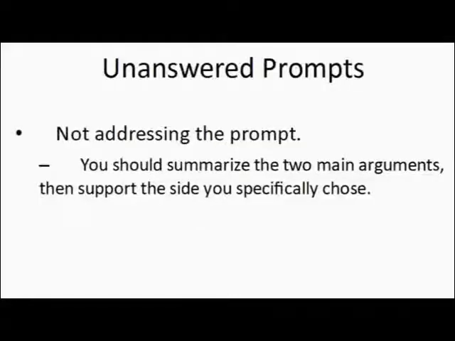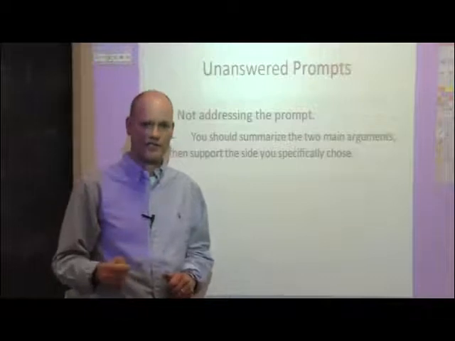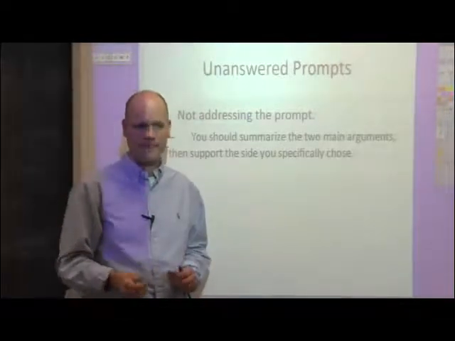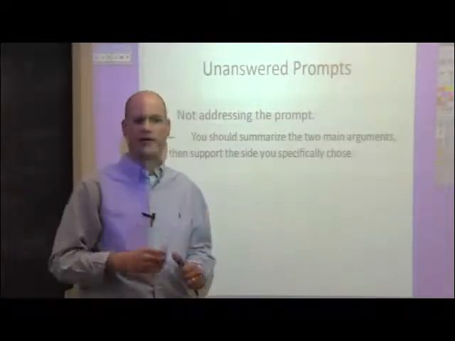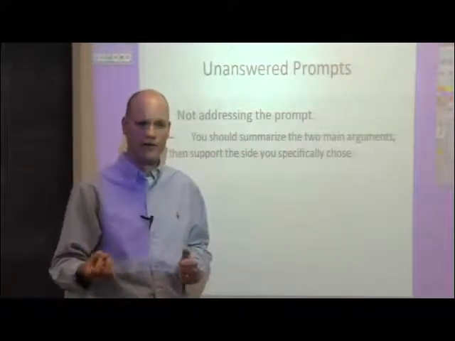Unanswered prompts is another common error when it comes to the writing test, or simply not addressing the prompt. What you have to do is summarize the two main arguments and then support the side that you specifically choose. In the prompt itself, they give you the directions, and you want to underline it just so it's right there for you. It'll say choose one of the two points of view or develop your own point of view.